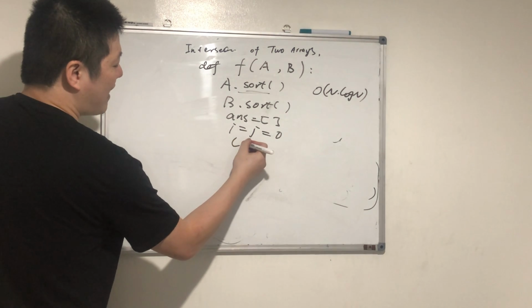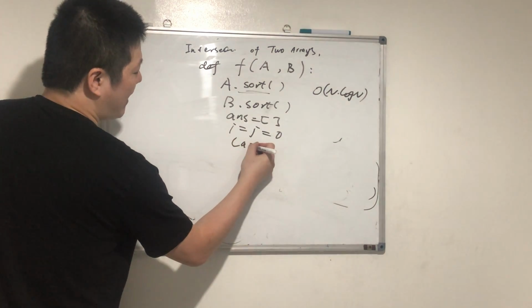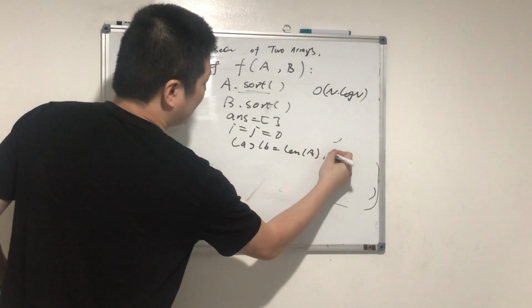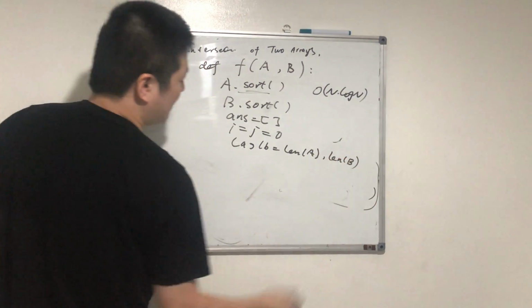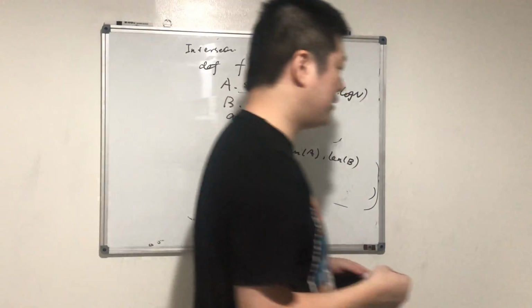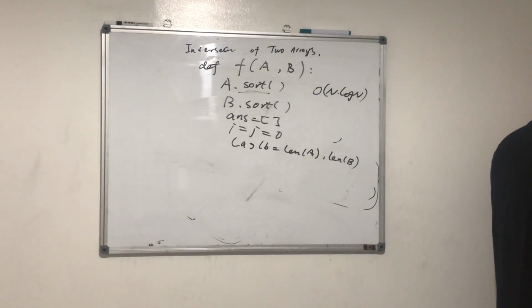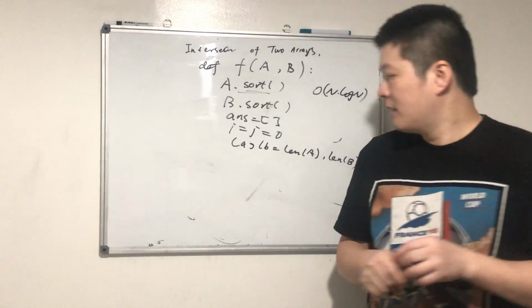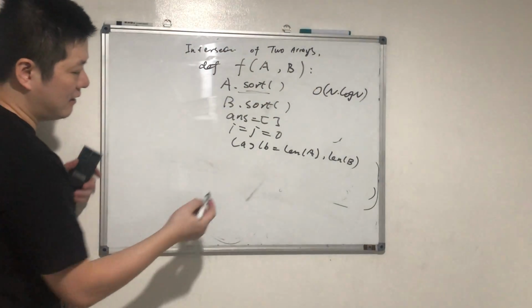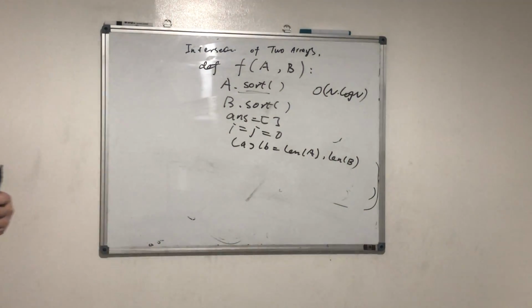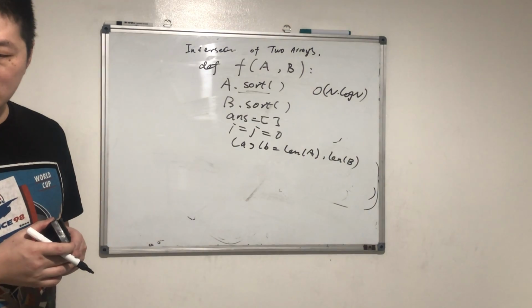Let's say LA comma LB equals len A, len B. What does it mean here? LA comma LB equals length A, length B. What does it mean?